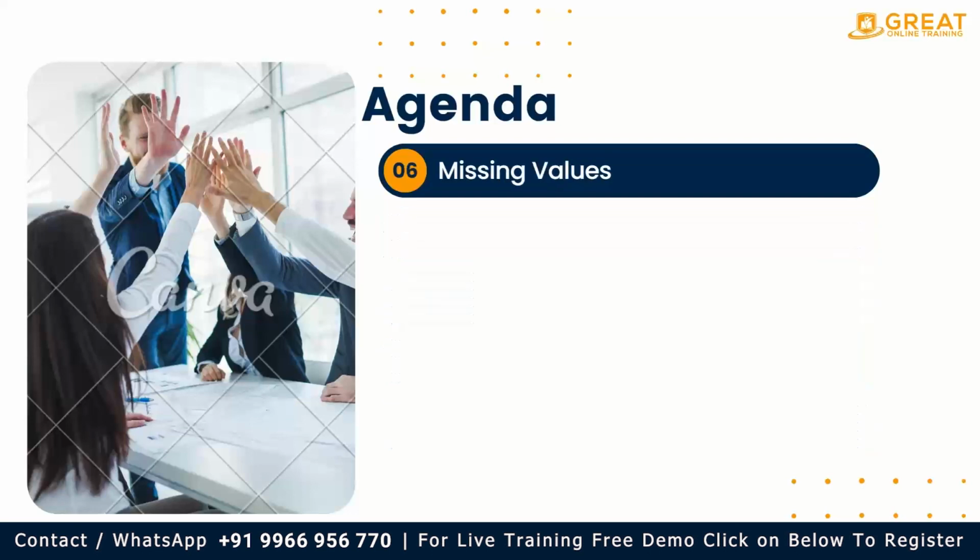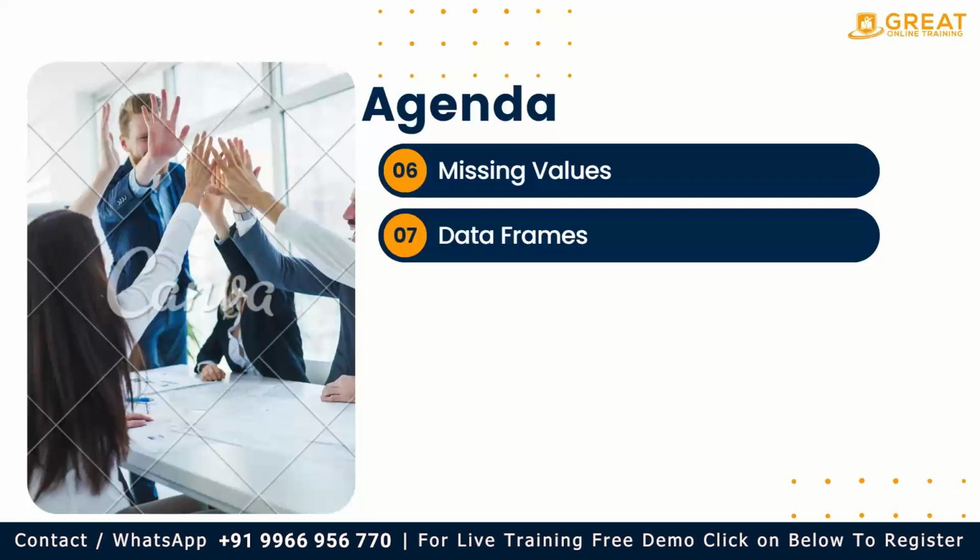I'll show you that. Then I'll show you how to identify missing values. Missing values are NA in R. It has numeric NAs as well as character NAs. I'll show you how to identify and resolve them. Then I'll show you a very important concept called data frames. This is nothing but a tabular representation of data.